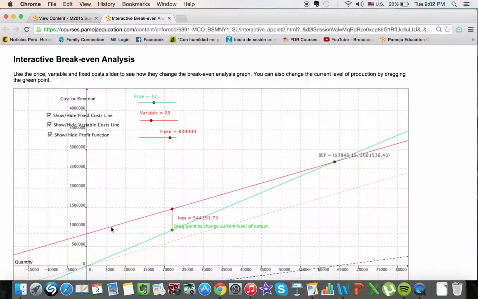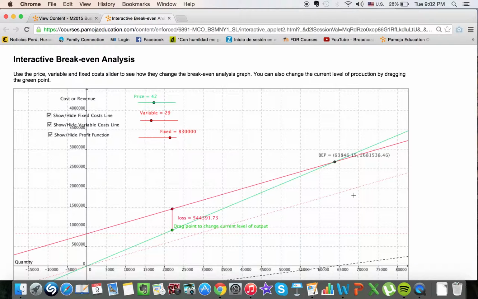As one can see also, the total cost curve, which is the red line, starts at where fixed cost starts, and this is because even though the firm is not producing any output, the fixed costs still have to be paid. There's another cost curve which is shown in this diagram, but it's usually not drawn.